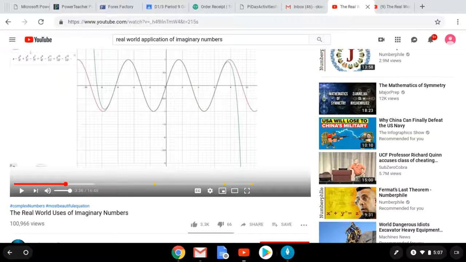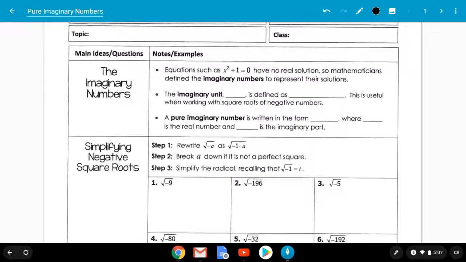If you're more interested in the application, not everything you do is going to pertain to you exactly, but it does pertain to the real world. I believe it's around marker 940 that you can see how it is applied in electrical engineering. Alright, so back to the math here.